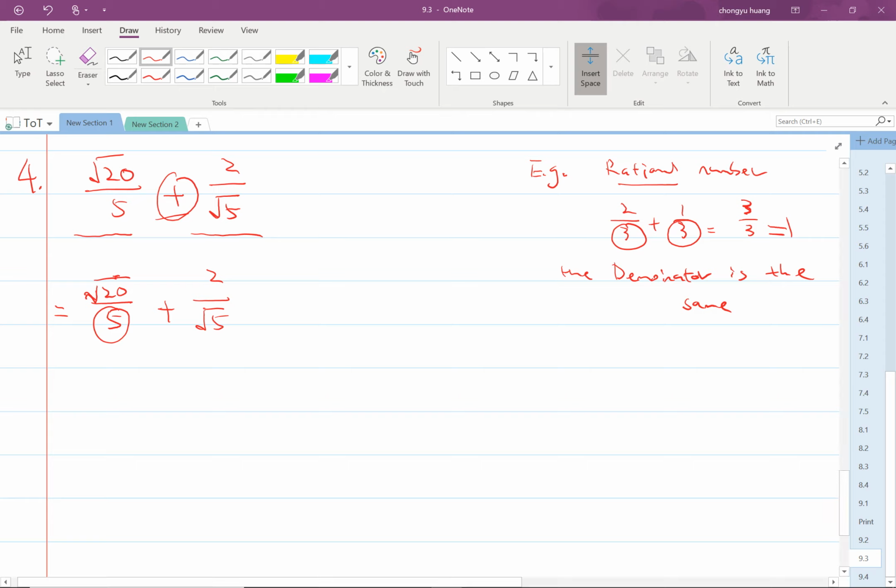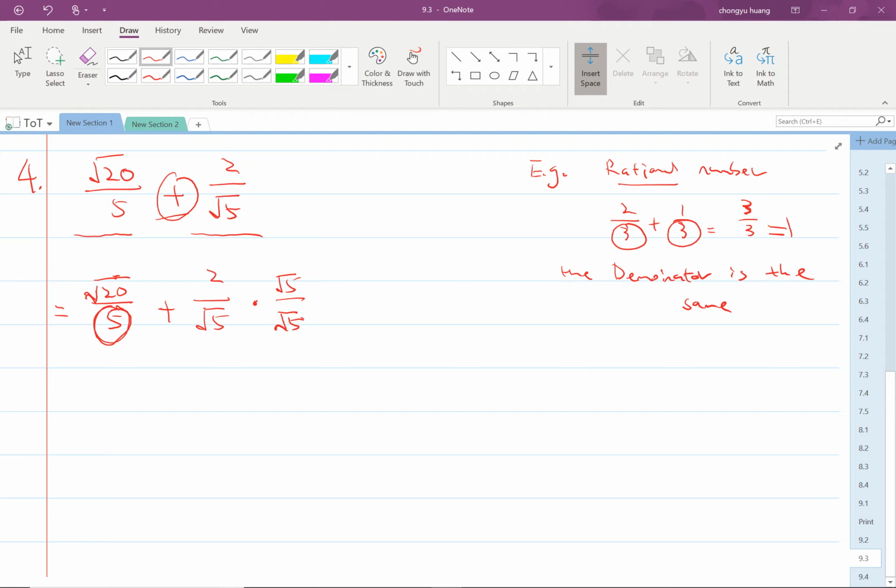So what you have to do is multiply this number by 1. Because the denominator for the first number is 5, you want to make them have the same denominator. Therefore you multiply by square root of 5 over square root of 5, because that is simply 1. So the whole equation is still balanced, okay?